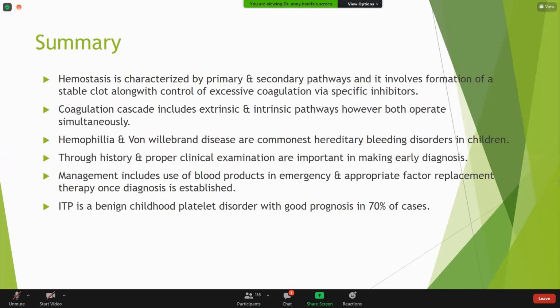These are all the commonest bleeding disorders which we come across in our daily practice. Hemophilia A is more common than hemophilia B. In Pakistan, hemophilia A is very common. If we have 100 cases of hemophilia, then around 80 are hemophilia A, that is factor 8 deficiency, and only 20 will be hemophilia B. So A is more common than B.